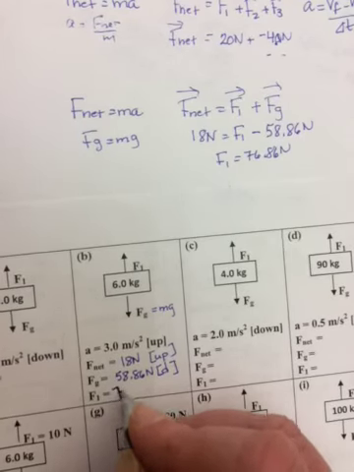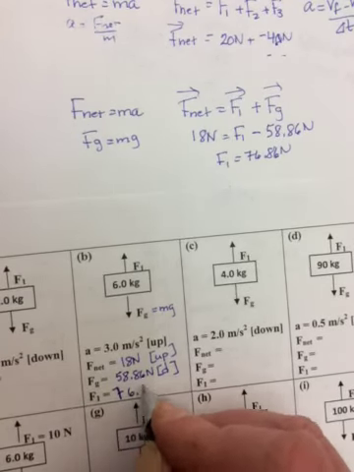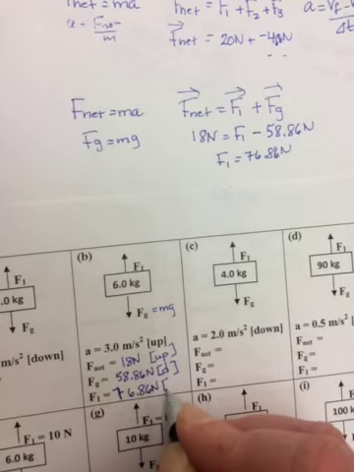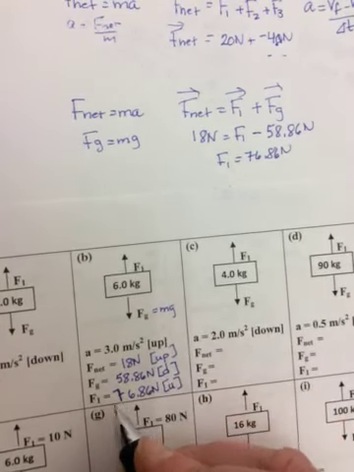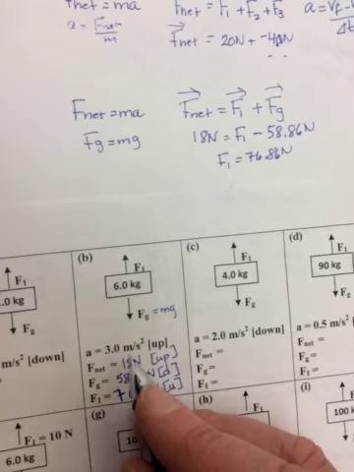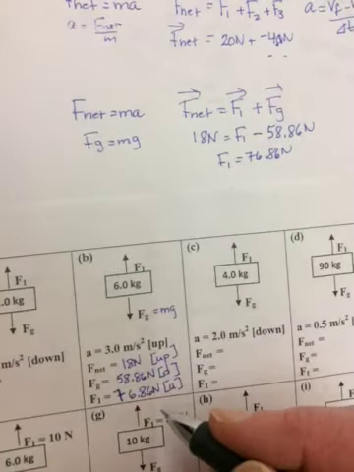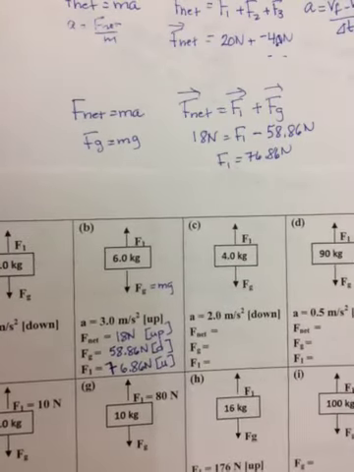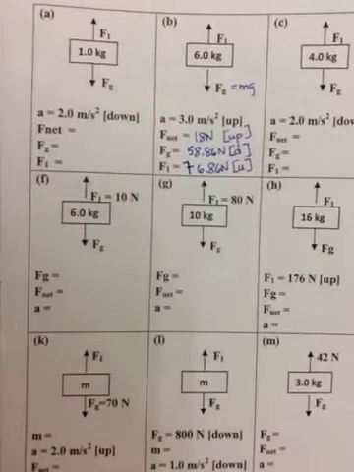It works out to be positive when I do it, which means it's going up, which makes sense. F1 needs to be bigger than Fg if this object's accelerating upward. Okay, that one looks identical, so I should do a different one that isn't.